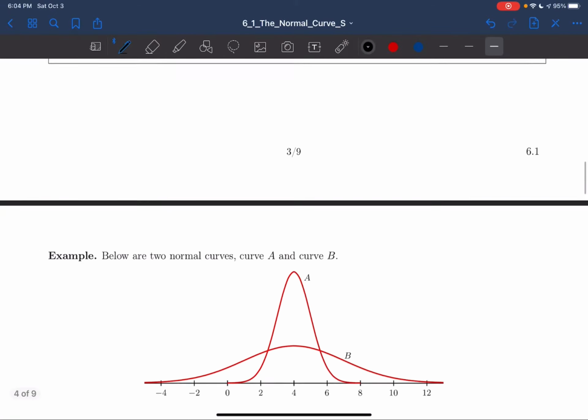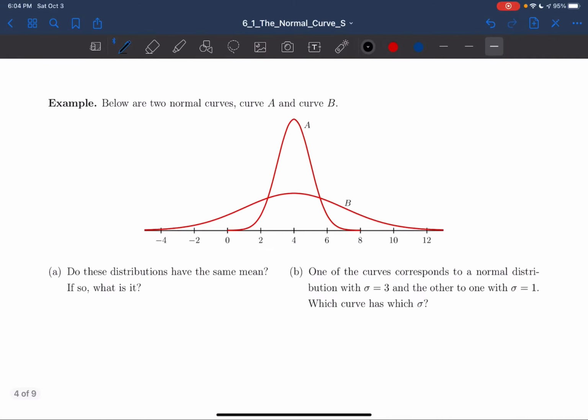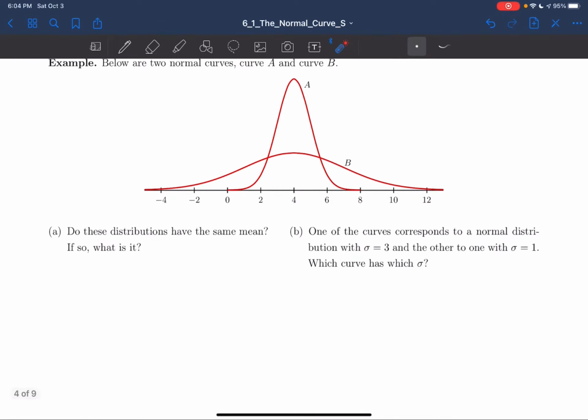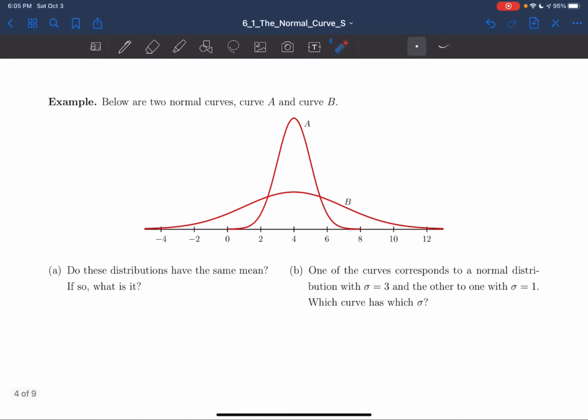So let's look at these two different normal curves. Here below are two normal curves, curve A and curve B. Do these distributions have the same mean? If so, what is it? Since we already know these are normal curves, we know one of their properties is that they're symmetric about the mean. Curve A is symmetric at 4, and curve B is also symmetric at 4.